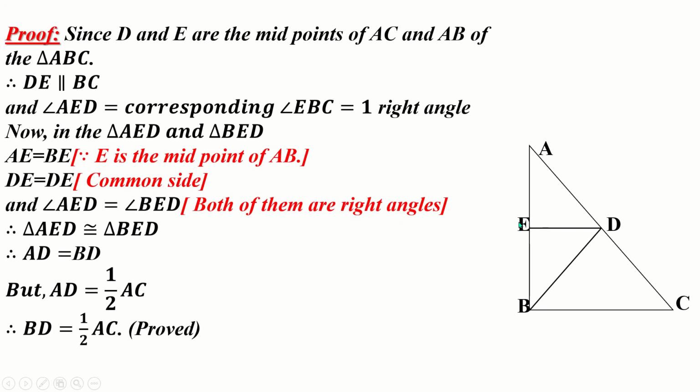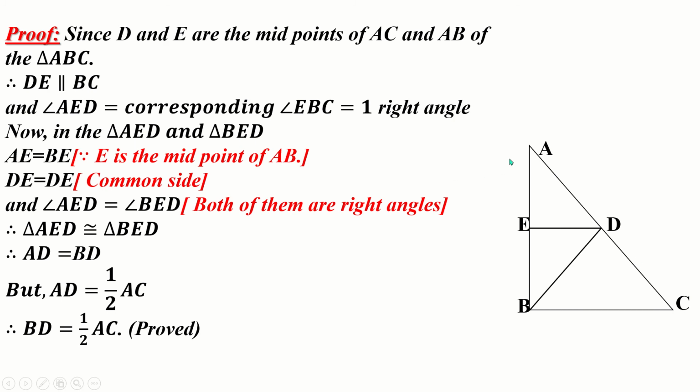Since D and E are the midpoints of AC and AB, so we can say DE is parallel to BC, because we had already proved this theorem. That means the line joining the midpoints of any two sides of a triangle is parallel to the third side and half the length of the third side.